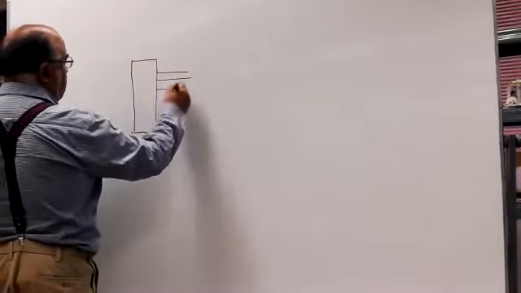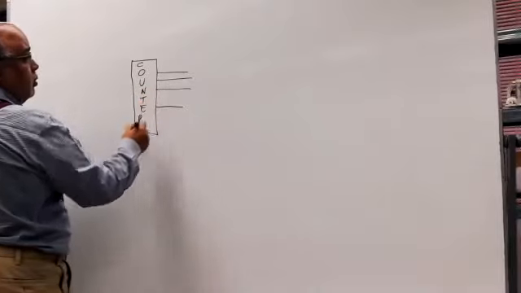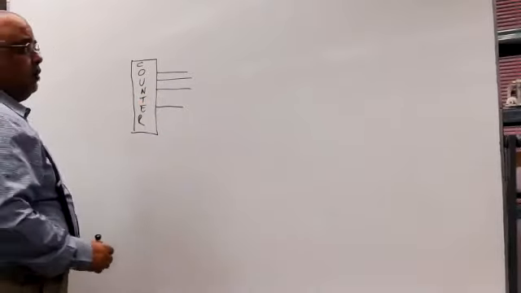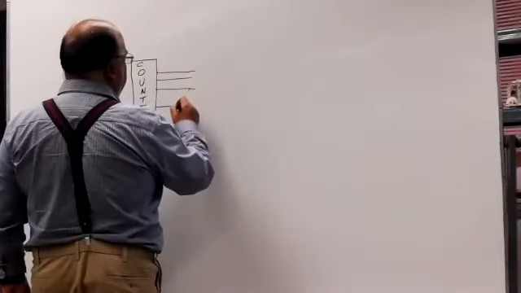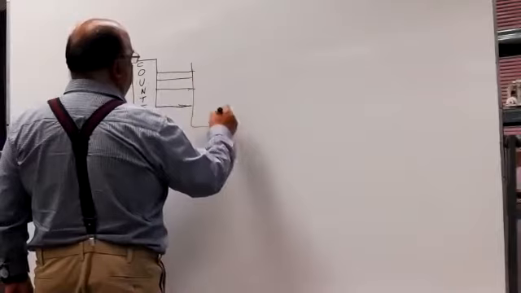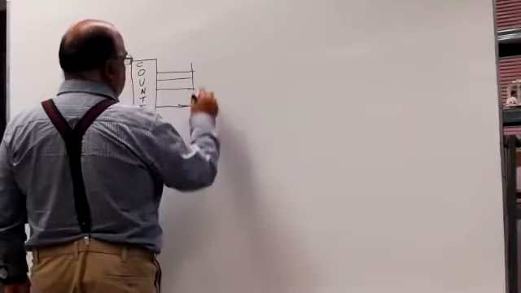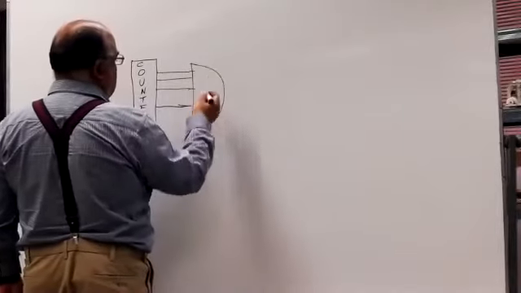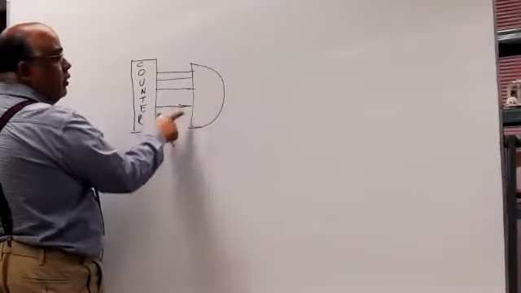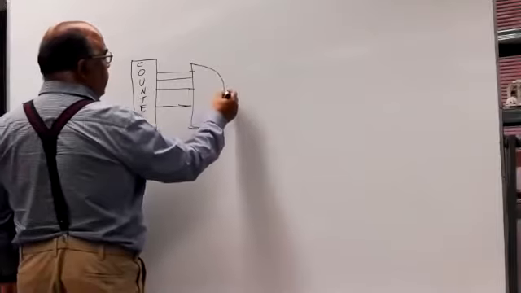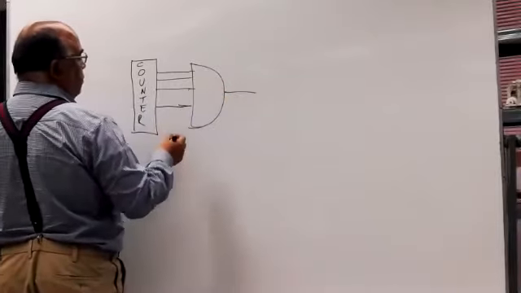You have a counter here, and what you do is you catch a state over here using some AND gate with some state catcher and some inverters. I'm just showing a generic AND gate state catcher.